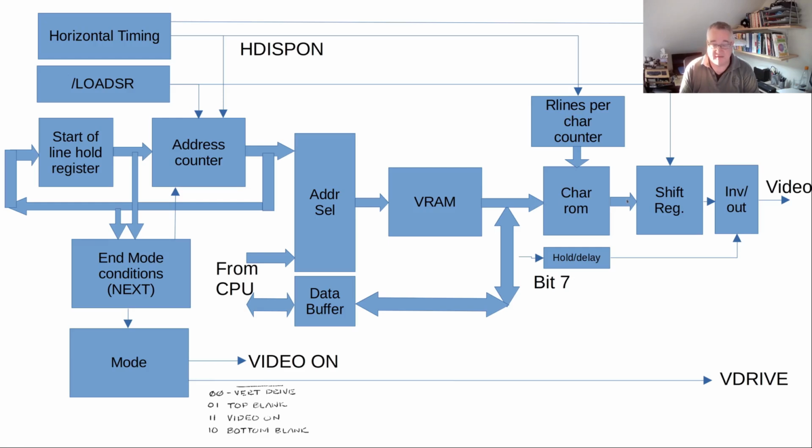And then this information gets output from the character ROM, is loaded into the shift register, and then it's inverted on bit 7, because the character ROM actually only holds 128 characters, so they could use a 2 kilobyte character ROM for 2 character sets, because they use the 7th bit as an invert bit. This is delayed because this all takes time here, and is then used to invert the actual video out.